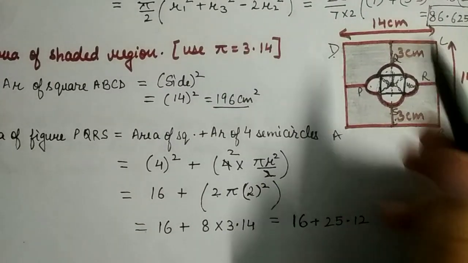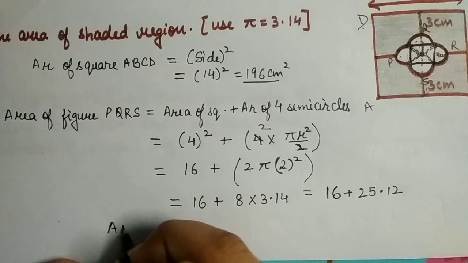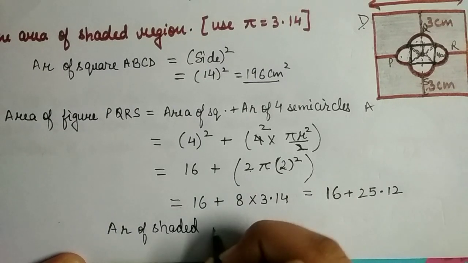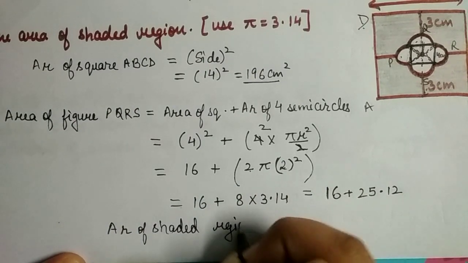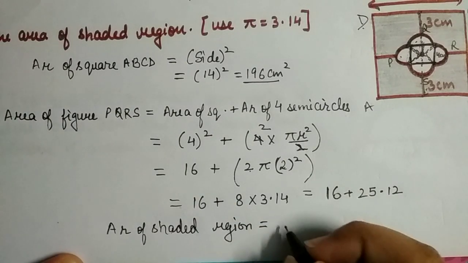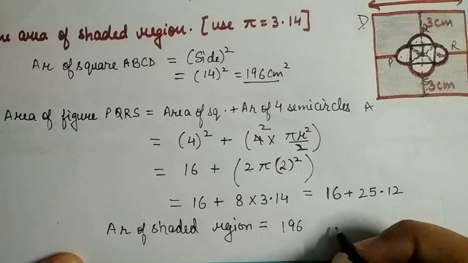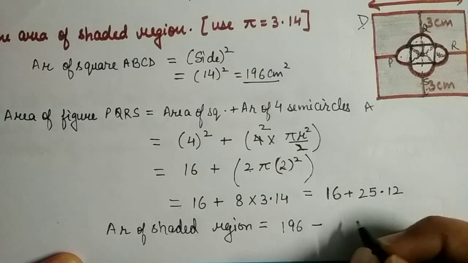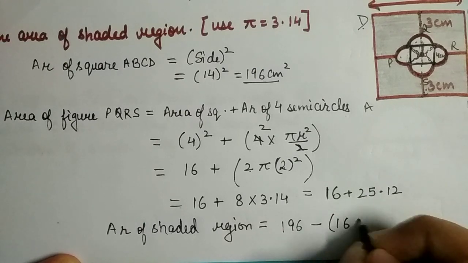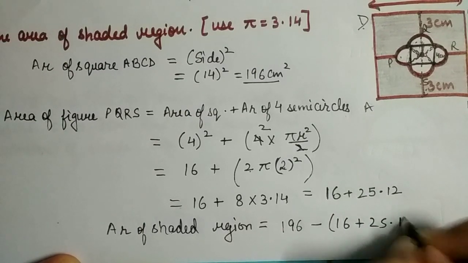Now we have to find area of the shaded region. So area of shaded region is area of square ABCD, that is 196 centimeter square, minus area of the figure PQRS, that is 16 plus 25.12.